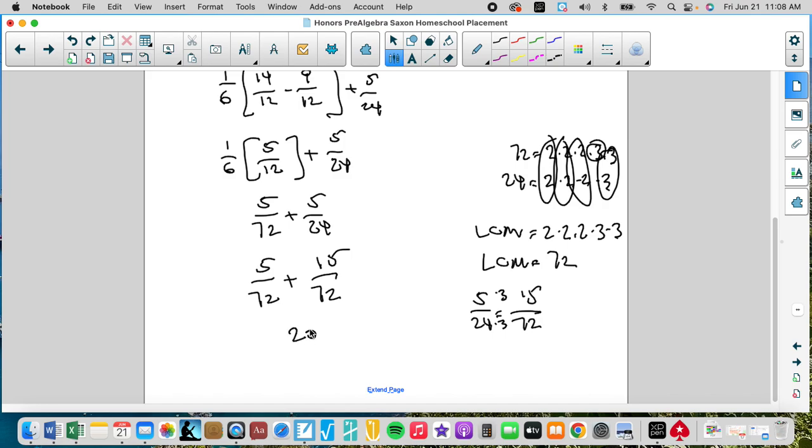So that's 20 seventy-seconds, and then we must reduce it. Can't leave it as 20 over 72, 10 over 36, which equals 5/18. So you have to reduce all fractions in 8th grade. Technically, you have to also simplify in 7th grade.